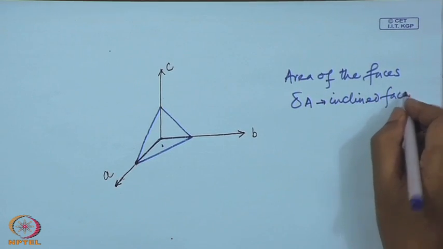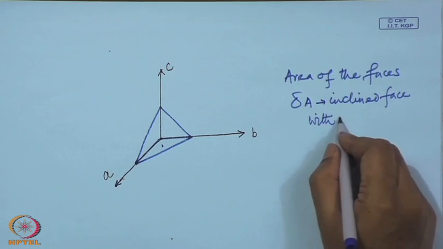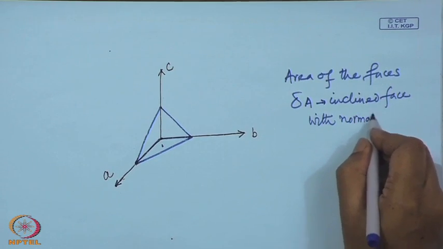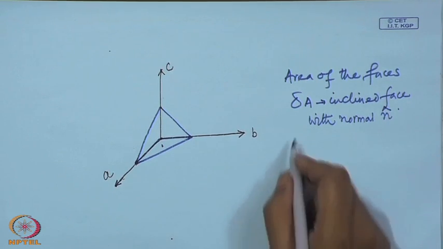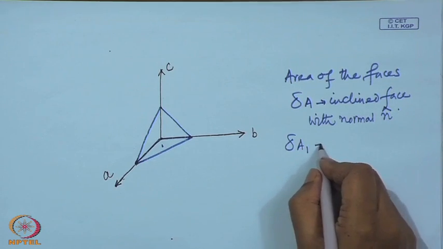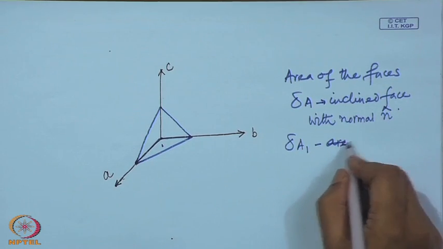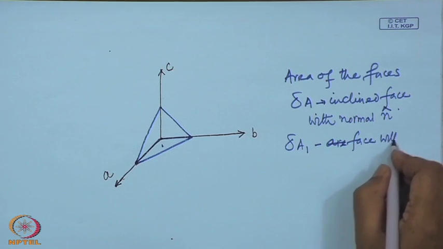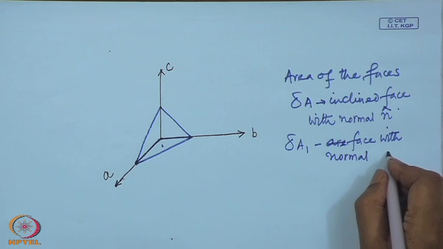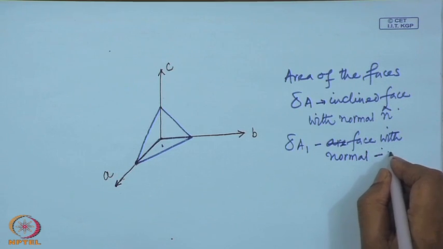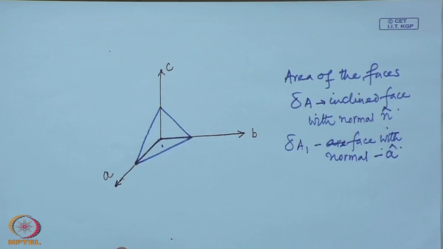Inclined face with normal n, this normal we are denoting as n. Delta A1, face with normal, actually it is minus A. We are taking only the normal which is pointing out of the volume.